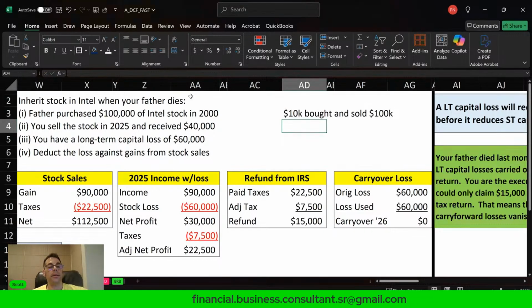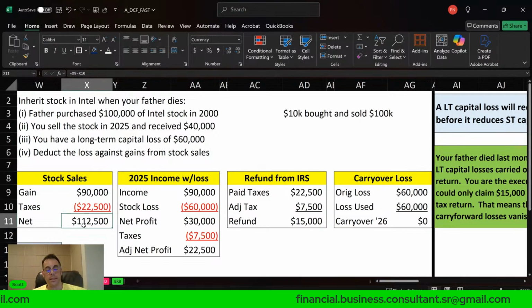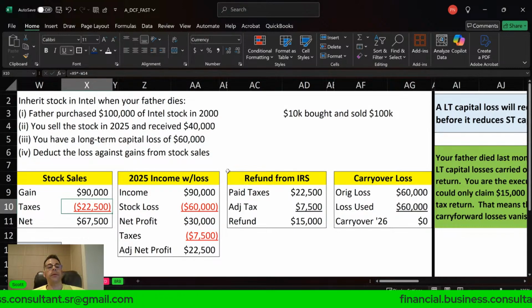You had a $90,000 gain. So you have to pay taxes on that gain. So I'm going to use 25%, my tax rate. So you have to pay $22,500 in taxes. So your net after taxes is $67,500.